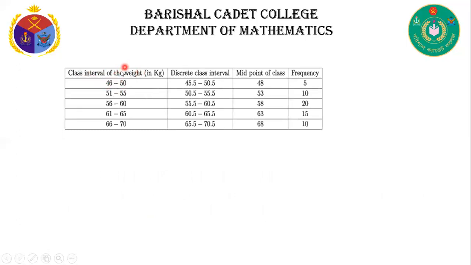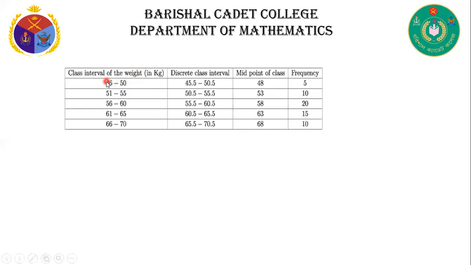the given table here, class interval 46 to 50, 51 to 55, 56 to 60, 61 to 65, 66 to 70. And for the continuous class interval, that means here we subtract 0.5 and add 0.5, then this table will become a continuous class interval.